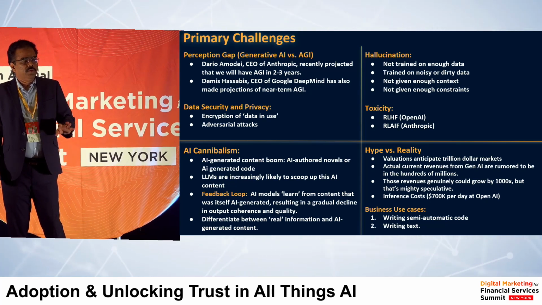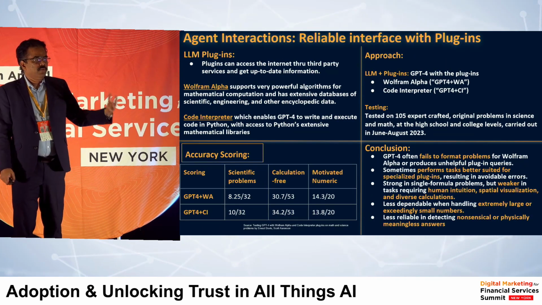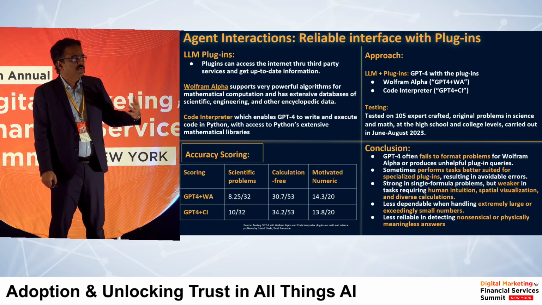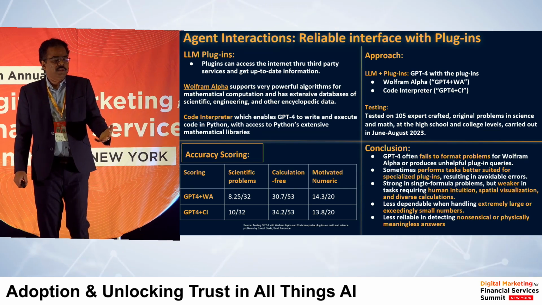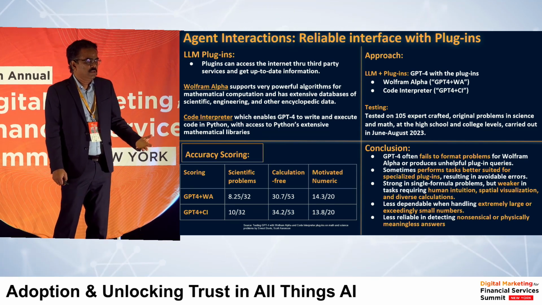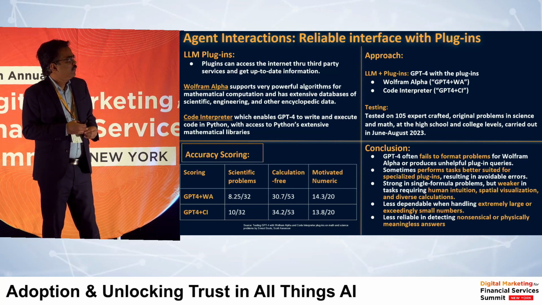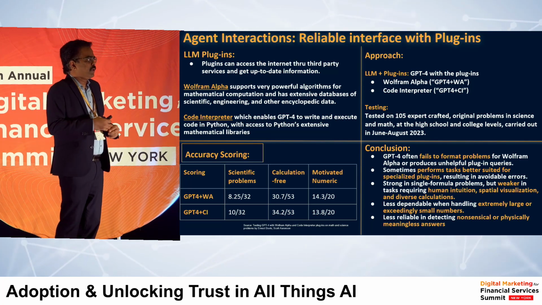We're going to go through some of the studies of these challenges, case studies. At a high level, I'll go through. We have all of these plugins that OpenAI has created. So how are they actually interacting with ChatGPT? Are they reliable? In this study, they have taken two plugins, Wolfram Alpha, which has all the algorithms for mathematical computation, and Code Interpreter.